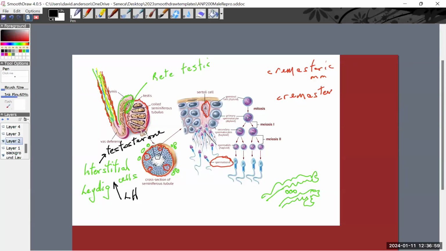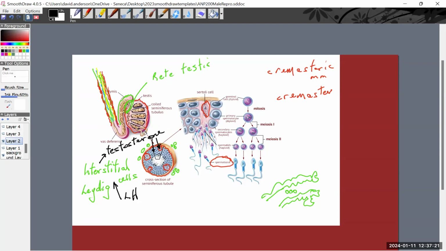And testosterone, in turn, will target the Sertoli cell and increase the actions of the Sertoli cell in support of spermatogenesis, and also stimulates spermatogonia to undergo spermatogenesis.